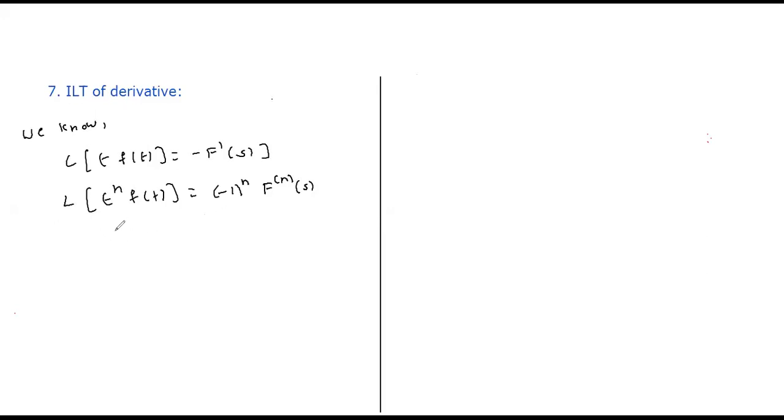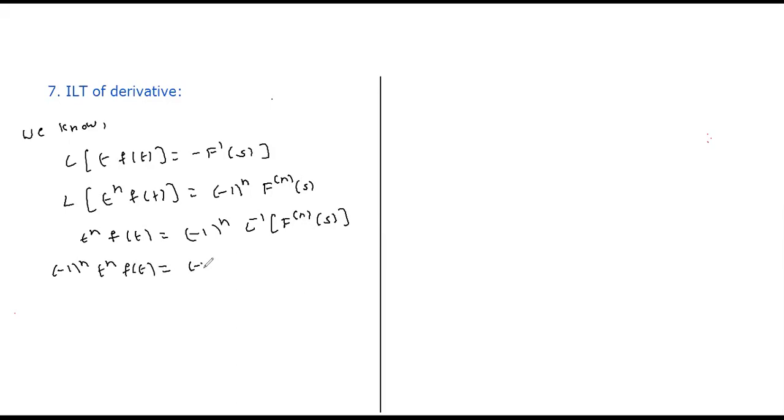Now if I multiply L inverse on both sides, what do I get? T power n into f of t is equal to minus 1 whole power n, which is a constant, into L inverse of the nth derivative of f of s. So if I want only L inverse of f power n of s, multiply both sides with minus 1 whole power n.